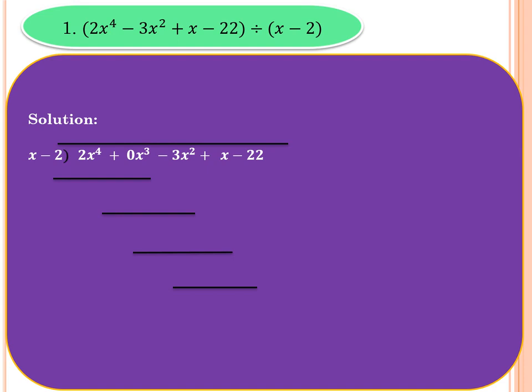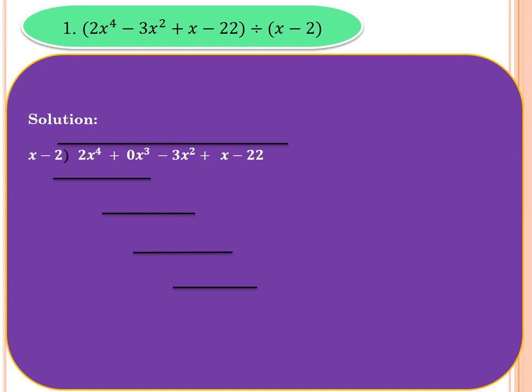And we also insert a numerical coefficient 0 for the missing term. So that's why yung dividend natin is of the form 2x to the power of 4 plus 0x cubed minus 3x squared plus x minus 22. Again, merong 0x cubed dyan since nag-insert tayo ng numerical coefficient na 0 for the missing term.